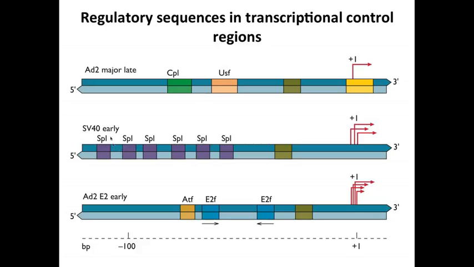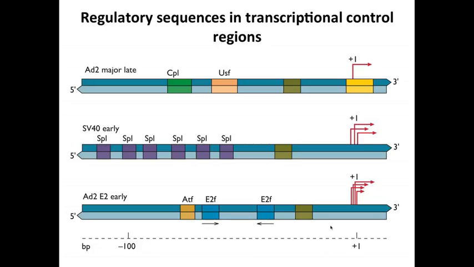These are on the SV40 genome, SP1 binding sites. Again, binding sites in the DNA for a transcription protein, a regulatory protein called SP1. You can see there are multiple binding sites for that. And on the adenovirus E2 early promoter, a slightly different arrangement, a TATA box right here, and upstream are sites for the binding of the E2F transcription factor and the ATF transcription factor.